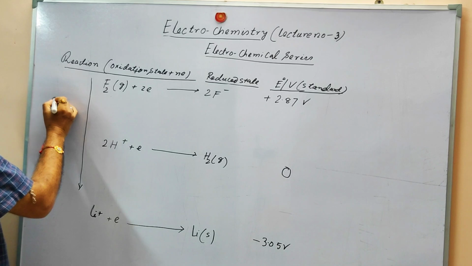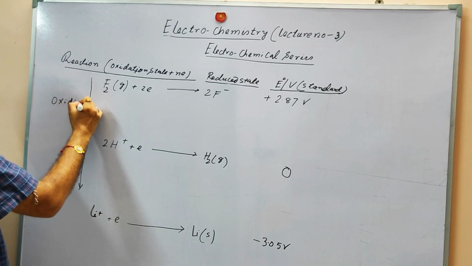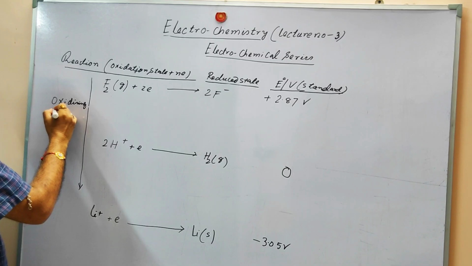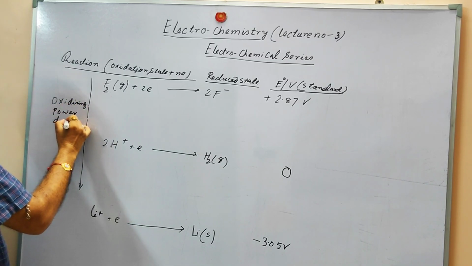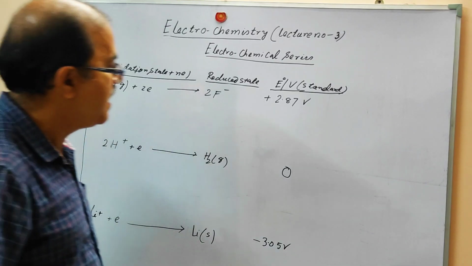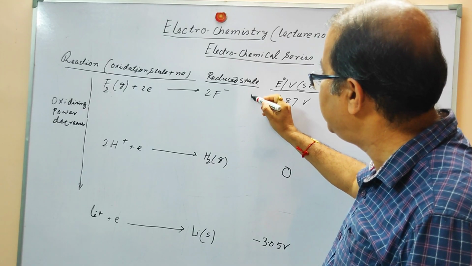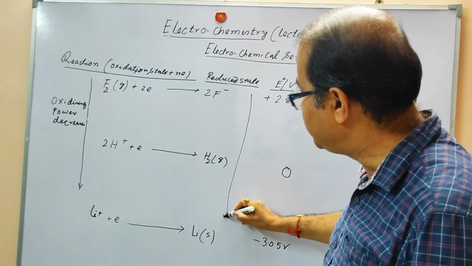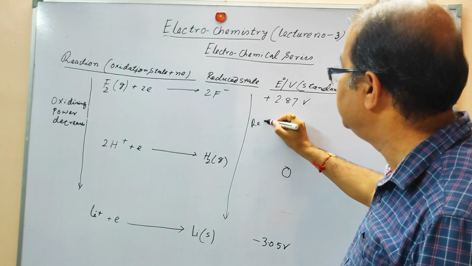Oxidizing power decreases, and at the bottom, at the right hand side of this table, the reducing power increases.